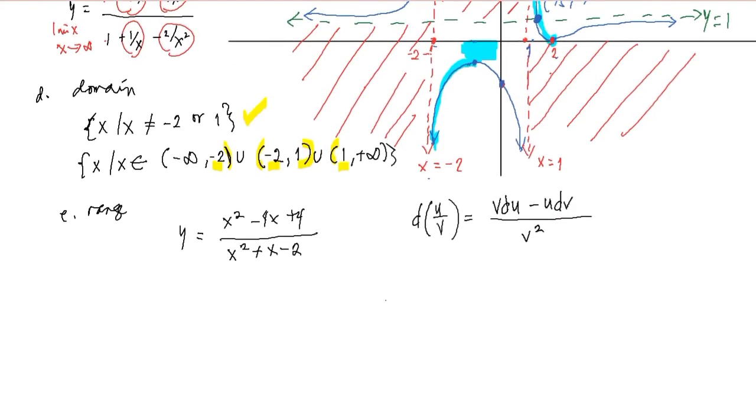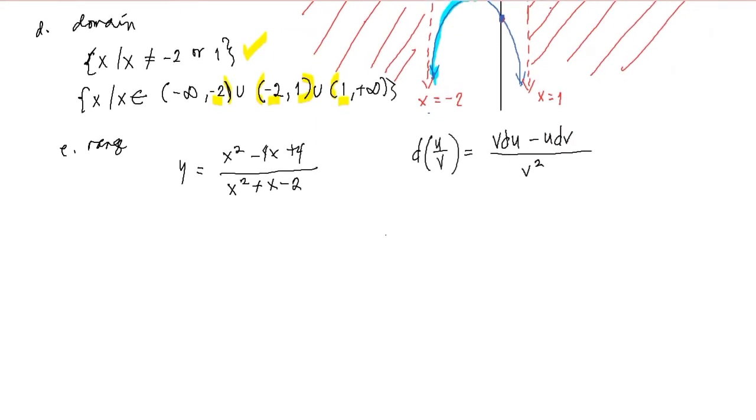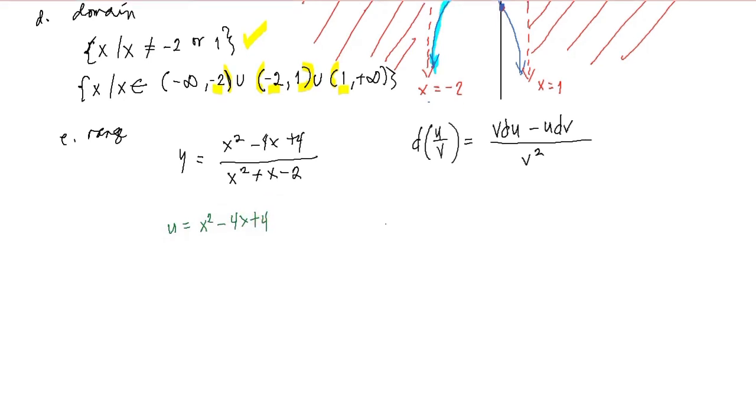So, from this, kukunan muna natin ang derivative ng numerator. If our u is equal to x squared minus 4x plus 4, so if we are going to take the derivative for this, our du is equal to 2x minus 4. And for the v, no, yung denominator natin, we have x squared plus x minus 2.